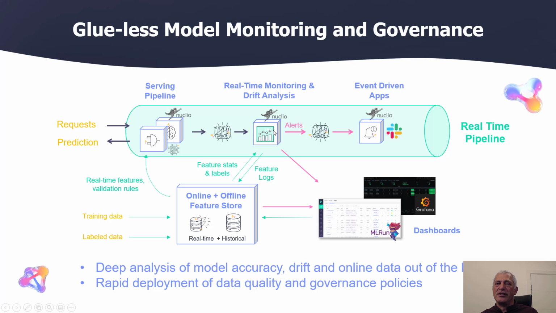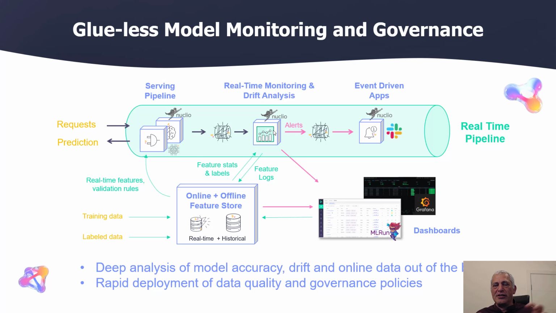Then you have another set of functions that listen on that stream, and they grab the statistical information about the features from the feature store. They compare it with the real-time feature behavior, both the X and the Y factors. They can also get some labeled data from external sources of delayed data with some new results that can be used to measure the accuracy.